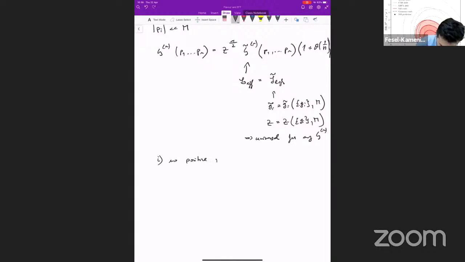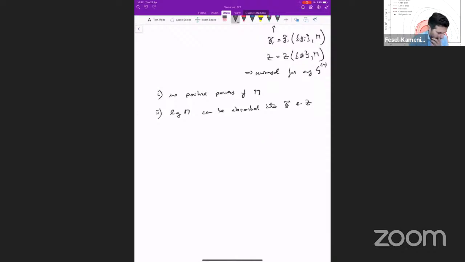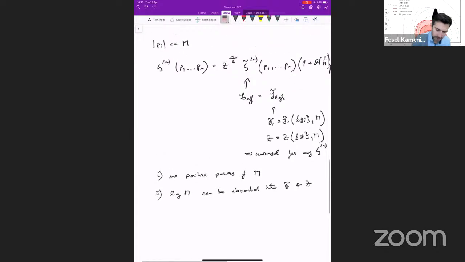No positive powers of M. And furthermore, any logarithmic dependencies on M can be absorbed into g tilde and Z and are universal. Okay. So now consider what happens.